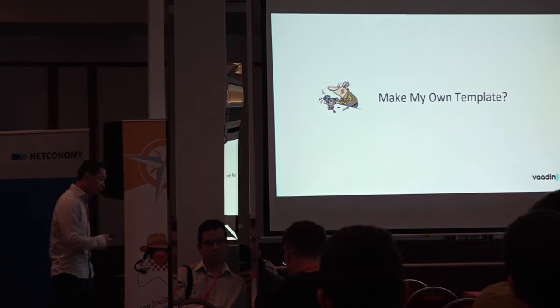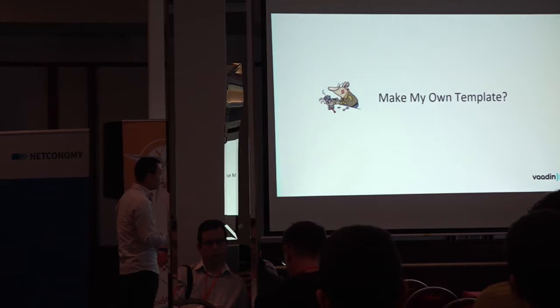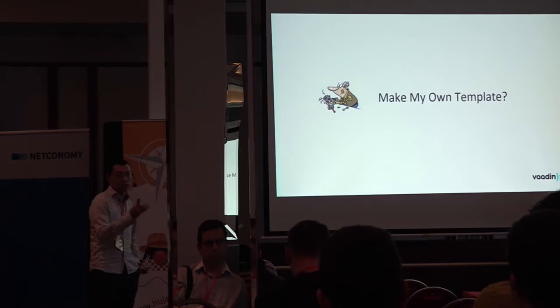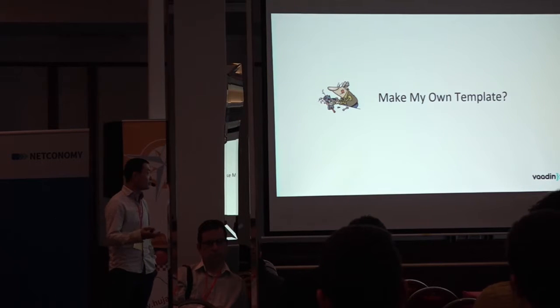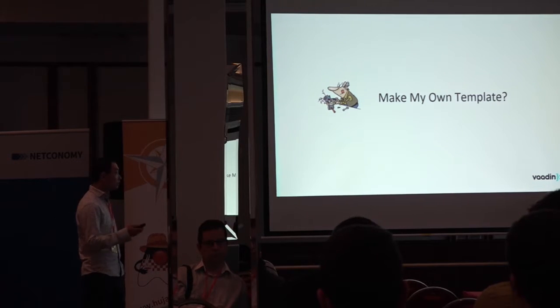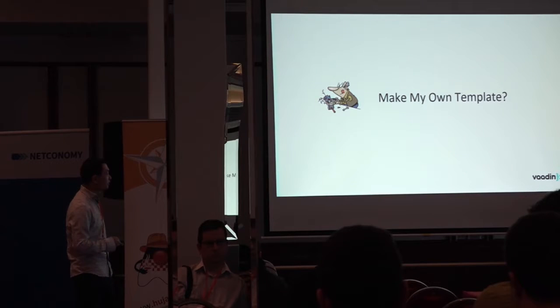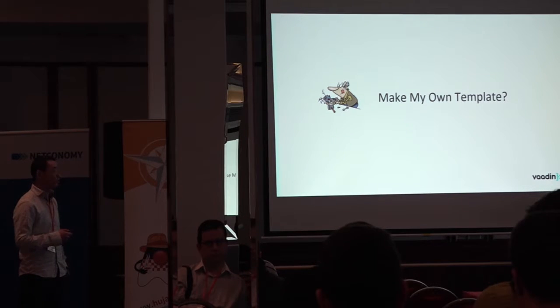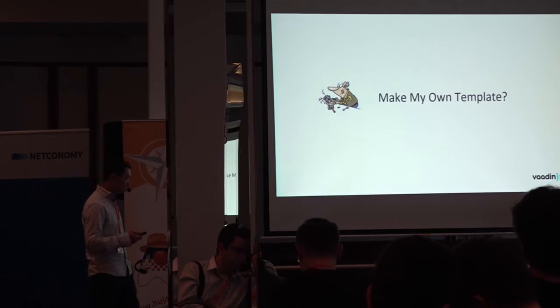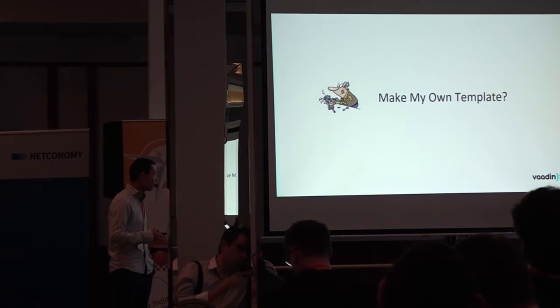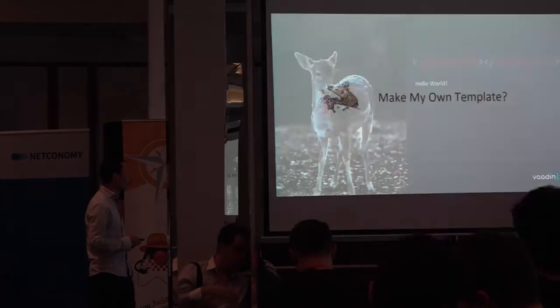But of course, even web components don't provide all the possible elements you would need. So sooner or later, you will probably run into the situation that you have to create your own template or your own web component. So how do you do that?